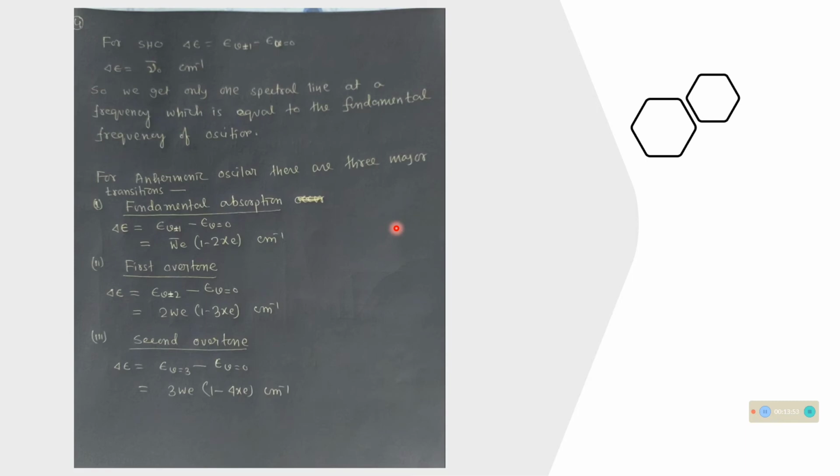You have to put V equal to 2 in the energy expression, then put V equal to 0 and subtract, and you will get 2 omega bar 1 minus 3 xe. Xe is the anharmonicity constant.